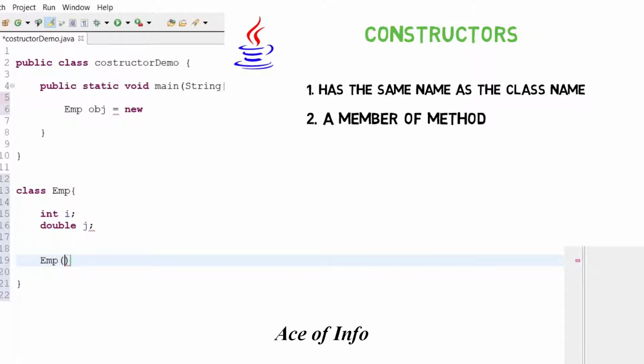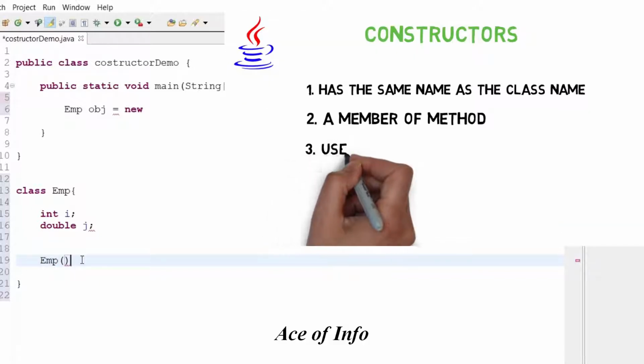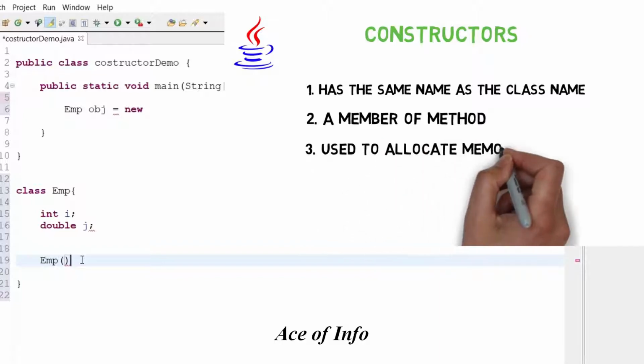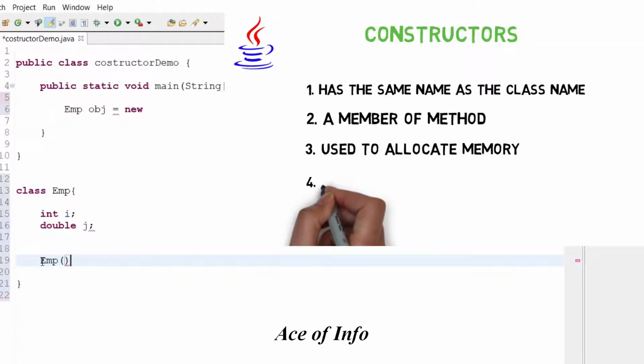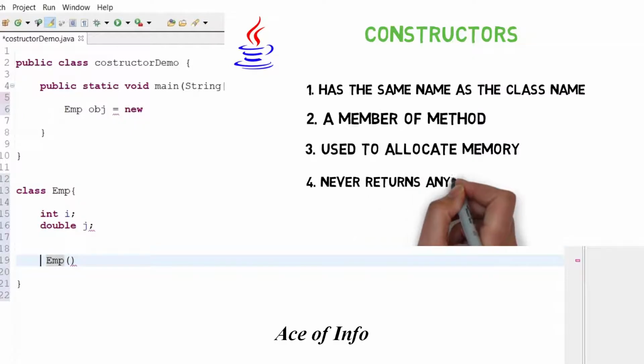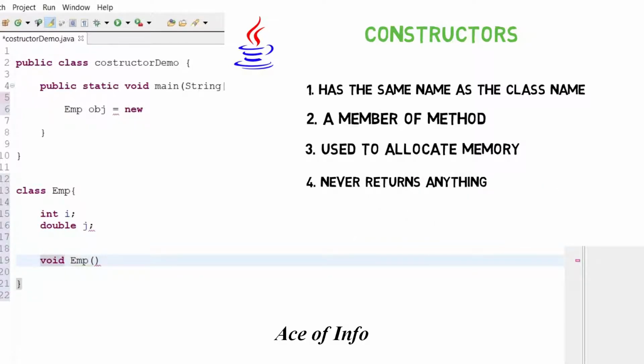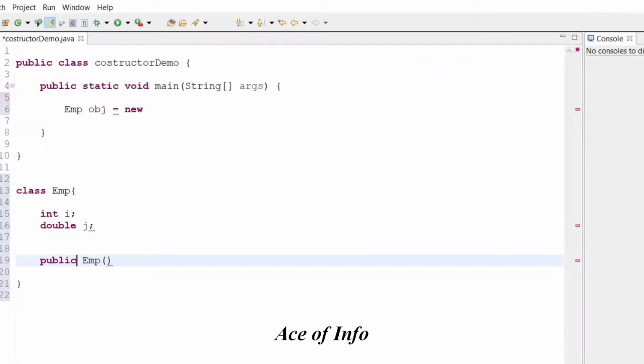So a constructor is a member method. Therefore, it should contain brackets. And third, as we discussed, it is used to allocate memory. And the fourth one is it never returns anything. So no return types. There is no void, int, nothing. Just public will be enough as our access modifier.